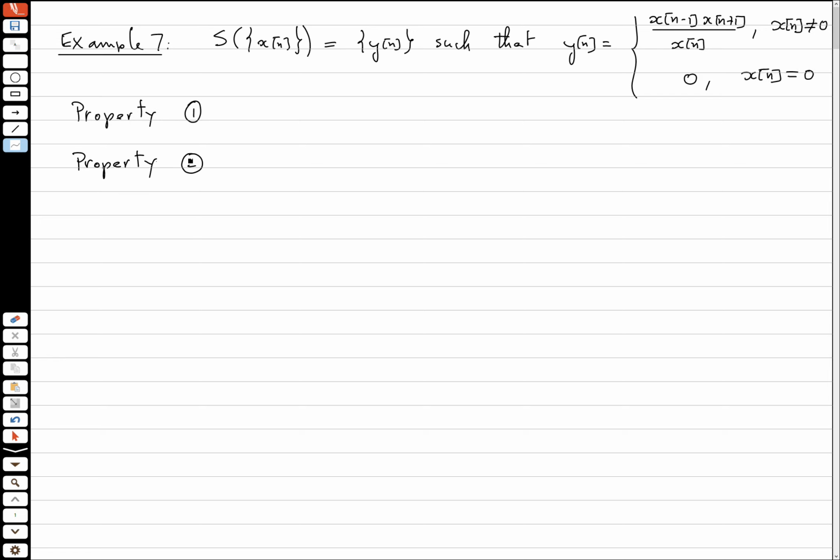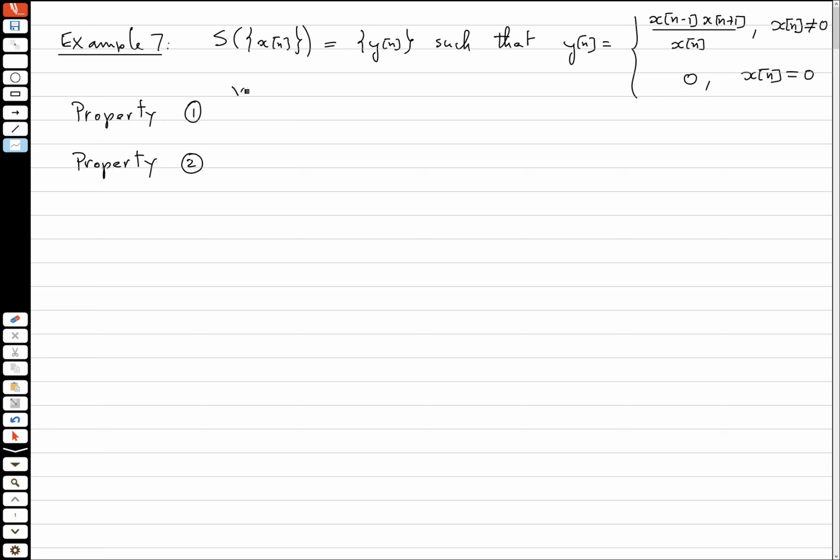So remember property 1, you remember the test is that you scale the input by alpha and you check whether the output is also scaled by alpha. The property 2, you take the response to the sum of two inputs and you check whether you obtain the sum of the respective outputs.